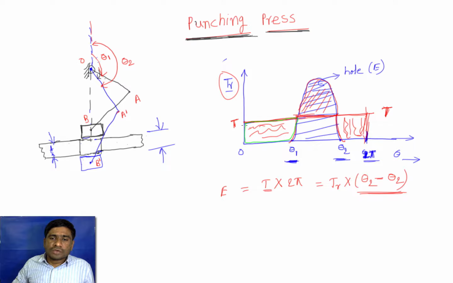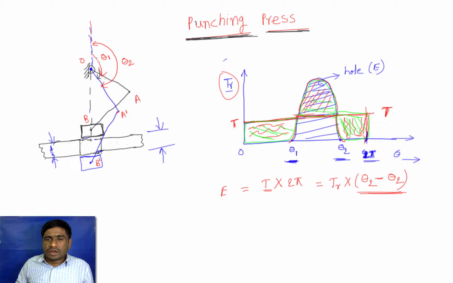This is an unused energy area, in green color, and this is the other unused energy area, also in green color. But here we need extra energy.